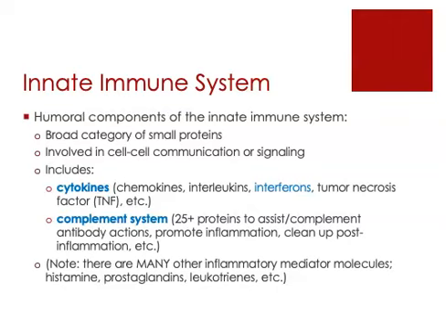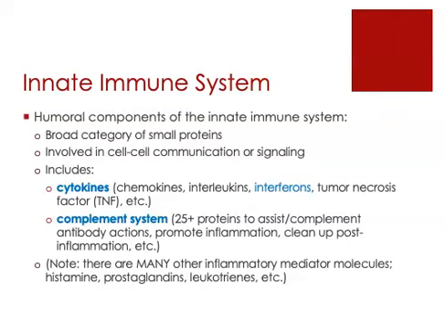So, what kinds of proteins are these humoral chemicals? There are two that we should be familiar with. The two major types include what are called cytokines and what's known as the complement system.